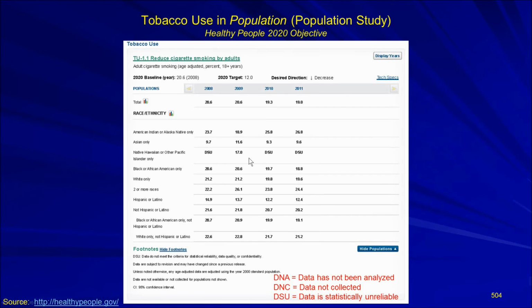Now, let's go down and look at Black or African American only, and you can see their smoking rates. There's a slight drop, but it's not a major drop. You would probably conclude that Black and White people smoke just about the same amount.